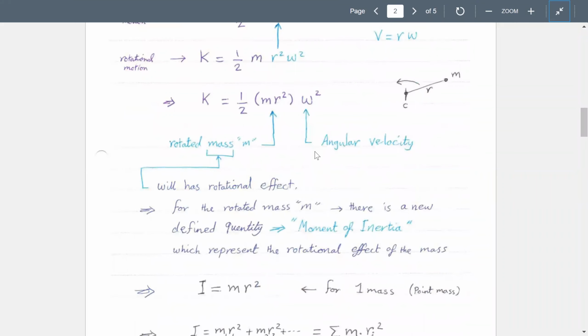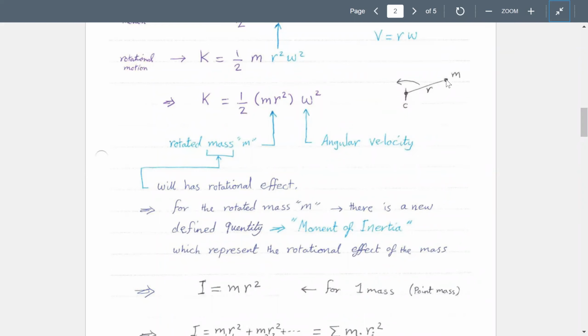Now we have a new thing. We have a new quantity. It is the mass, but in the rotational motion. Okay? So this mass has a rotational effect. This quantity, or the rotational effect of this mass, will be named as a moment of inertia. We know that if this mass is here and we need to rotate it, it is different.